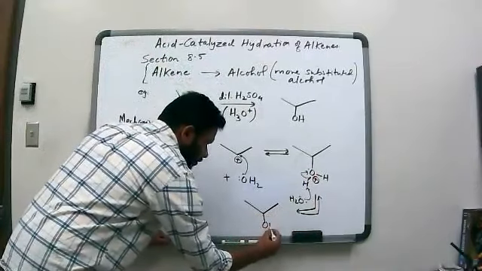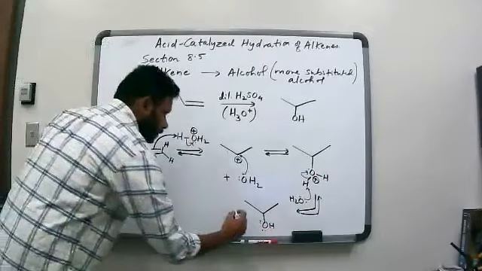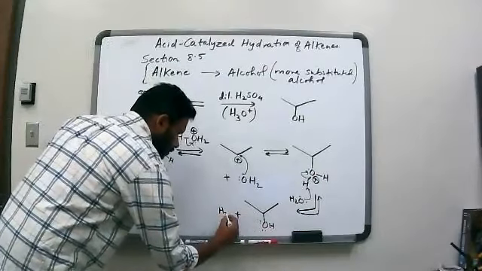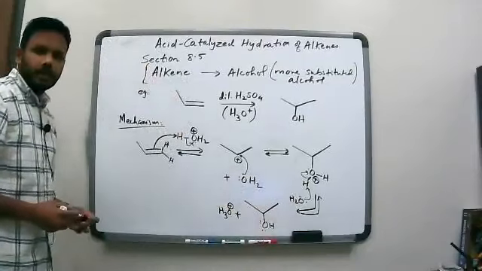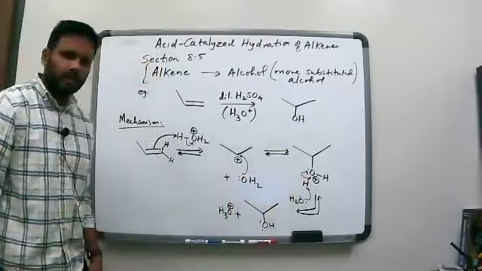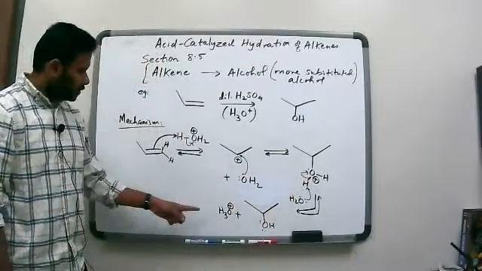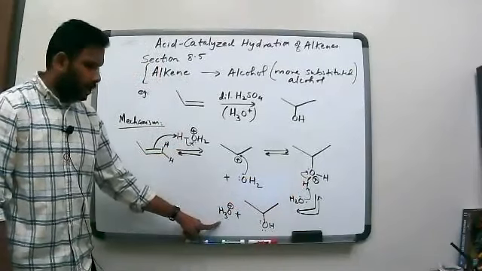And so we get the alcohol, plus a hydronium ion because the water picked up that proton. So water is acting as a weak base, accepting that proton. What you notice is we started with a hydronium ion, and we end with a hydronium ion.